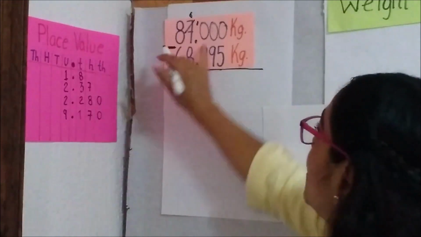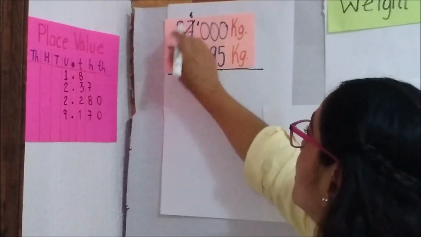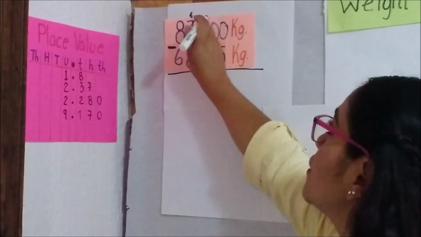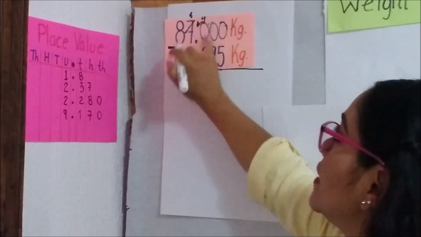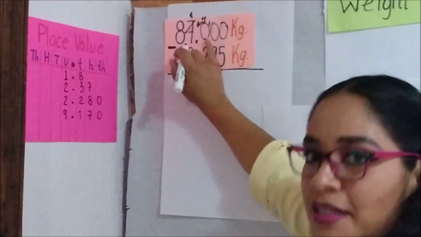Well, now it is a 10, but he needs to borrow a unit from the neighbor. So it's going to become a 9. Now this is a 10, but the same will happen.